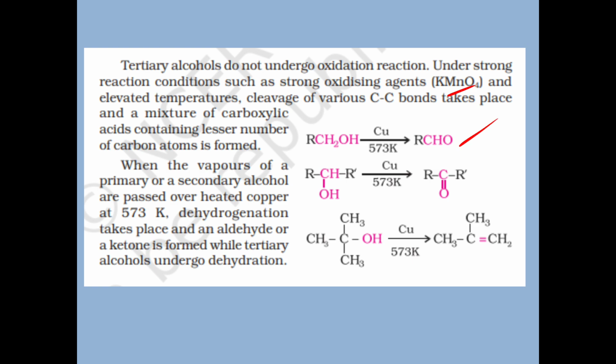RCH2OH to RCHO, oxidation with copper. So this will be ketone and this will be an alkene. RCH2OH is converted into aldehyde in presence of copper at 573 Kelvin temperature.